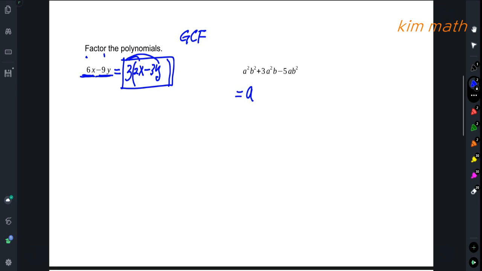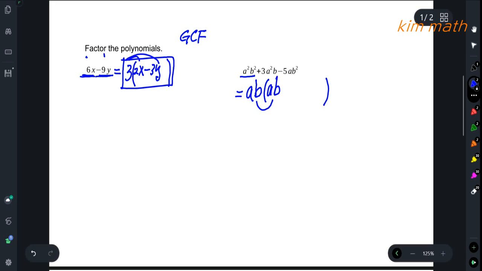B squared, b squared. So b is the common factor. Okay, finding the common factor is your first job. Then think backward. This times what is a squared b squared? By mental math, you can find this one very easily. Not squared. A times b.